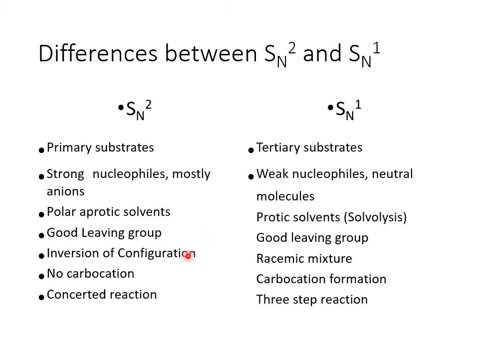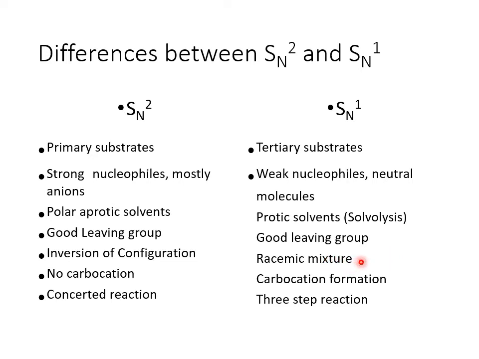With SN2, one important thing to note is there's always an inversion of configuration. So if you start off with an R, you end up with S, or vice versa. With SN1, since you form a carbocation, which is the next point here, you get a mixture of S and R, depending on, well, it's a pretty much even mixture, right?